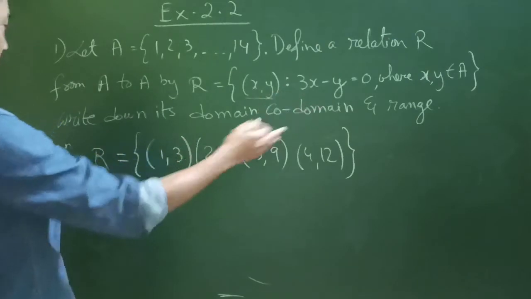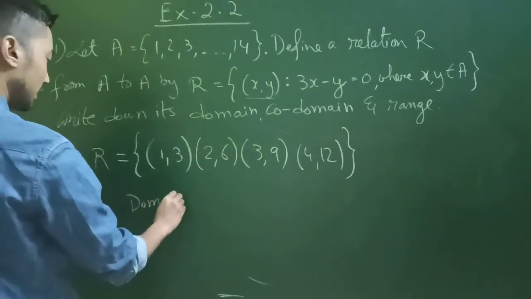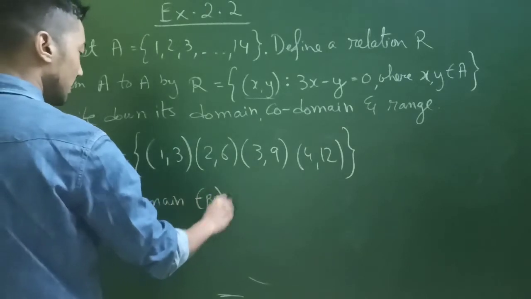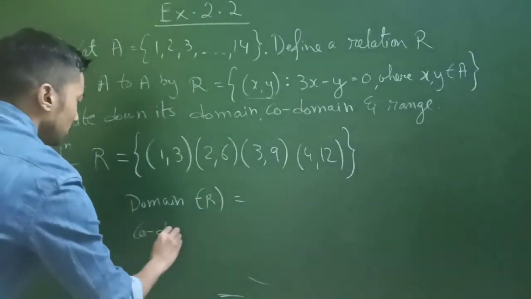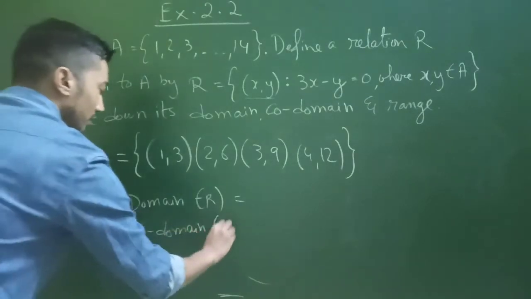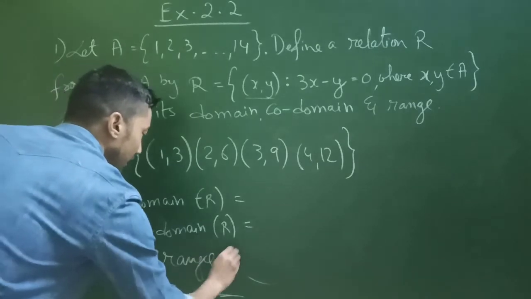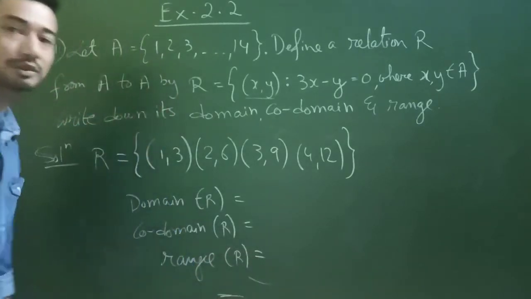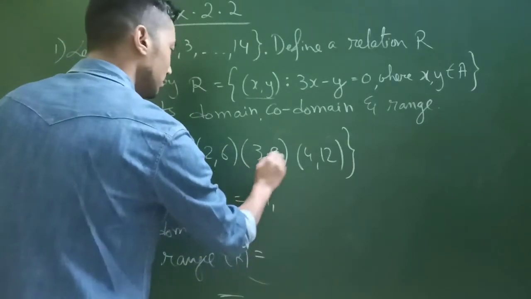Okay. Now the question is to write its domain, codomain, and range of R. Domain is the set of first elements, so 1, 2, 3, 4.